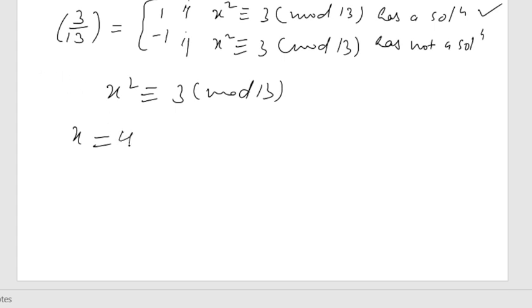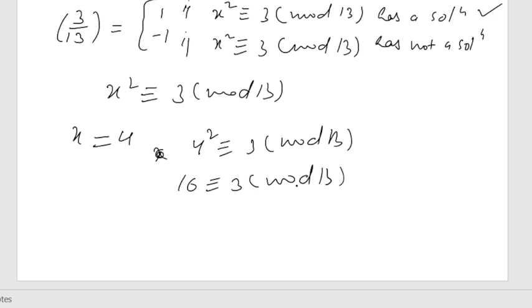If you put x is equal to 4, then 4 square is congruent to 3 modulo 13, because 4 square is equal to 16, and 16 is congruent to 3 mod 13. Right? That means 13 divides 16 minus 3, and 16 minus 3 is 13.